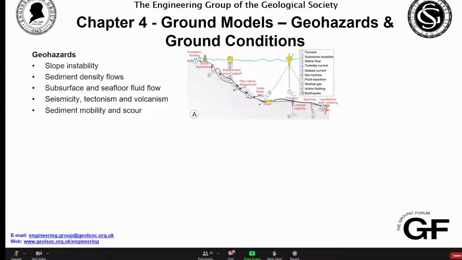And then mobility of the seafloor sediments, so sediment mobility and potentially scour around structures.